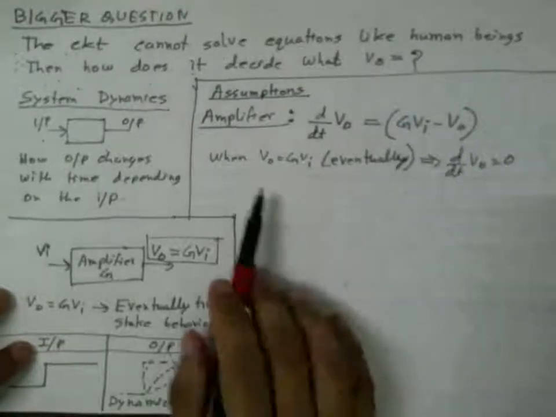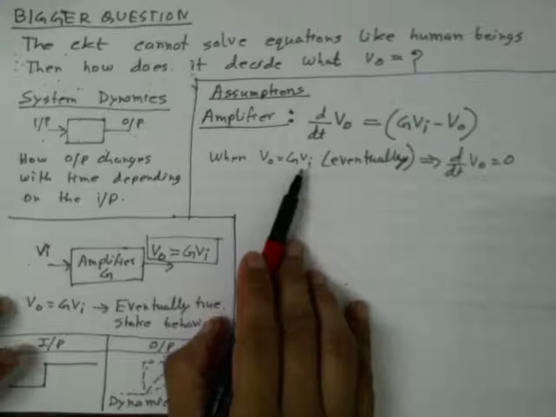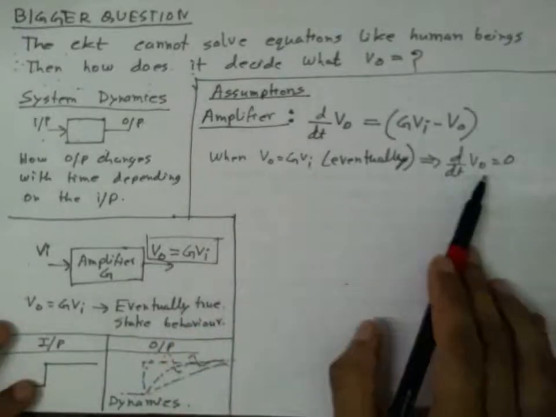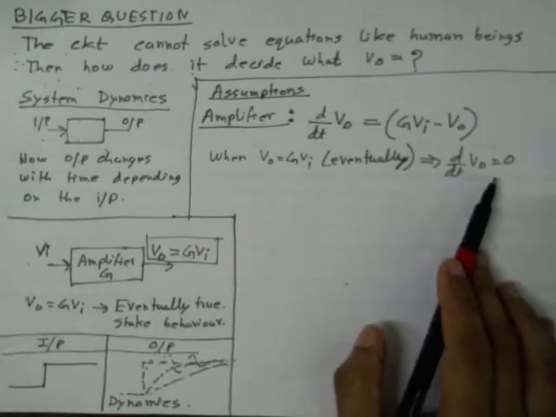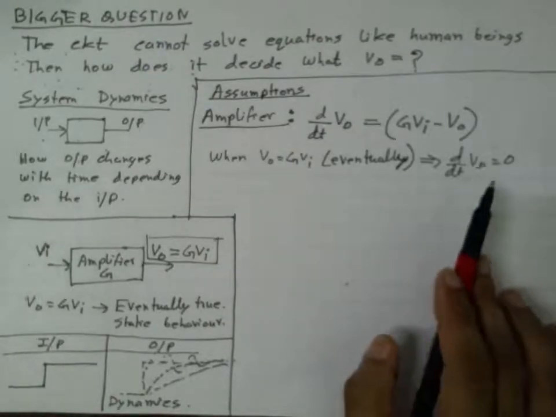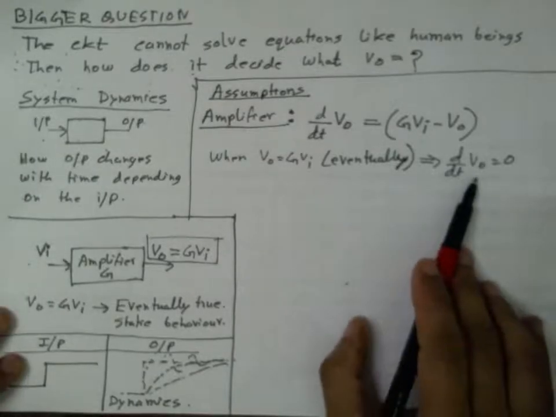That means as soon as the output reaches this desired value, gain times the input, the rate of change of the output becomes 0. That means the output settles at that value. The output doesn't change anymore, it stays happily at that value.